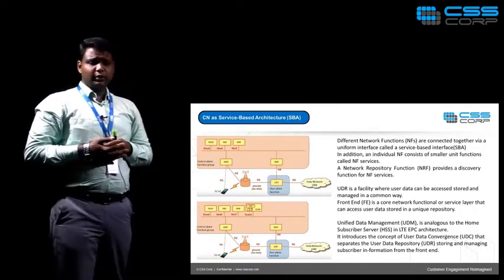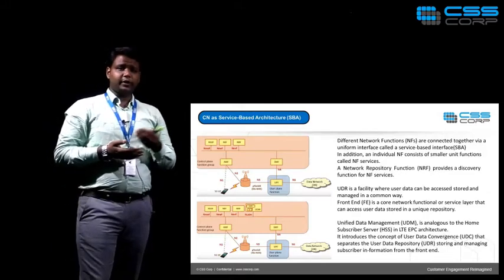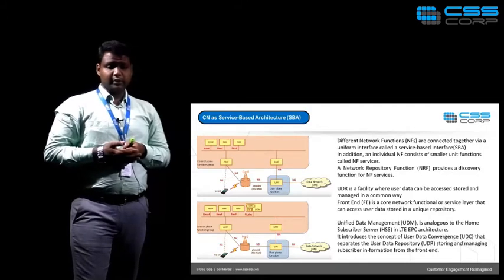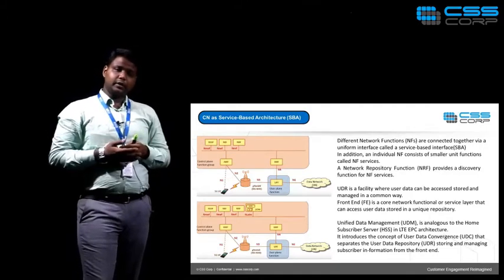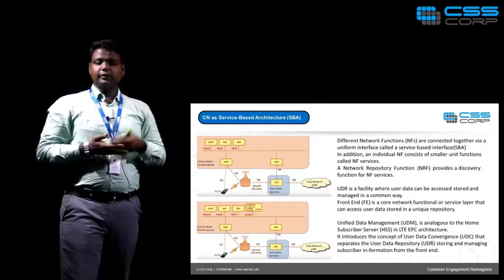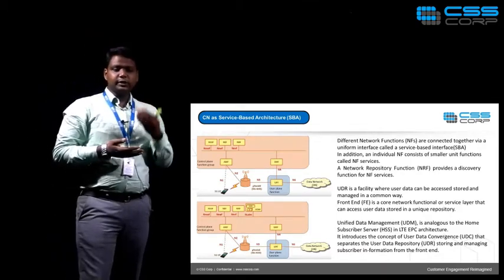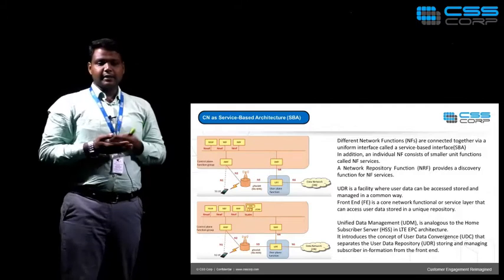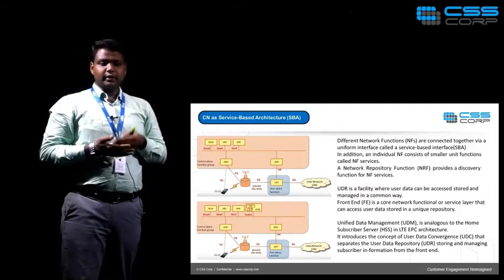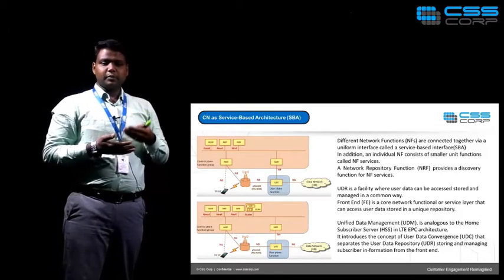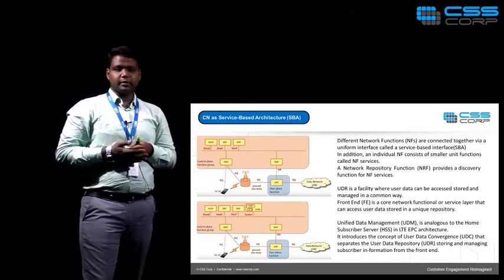Then we will look into the UDM. UDM is Unified Data Management, which will have all the users' data. Compared with the legacy one, it will have the HLR and VLR data in a structure. So this UDC will act like user data convergence, which will have the separate user data repository and also the storage managing subscriptions.